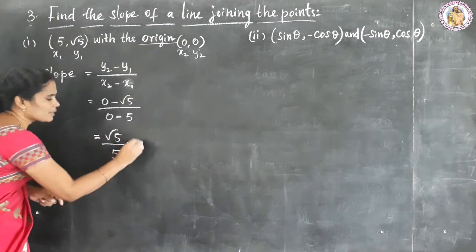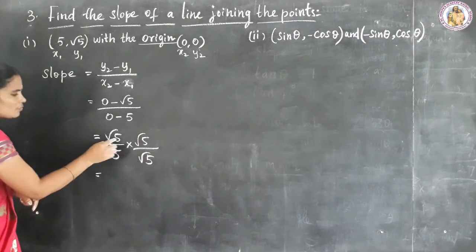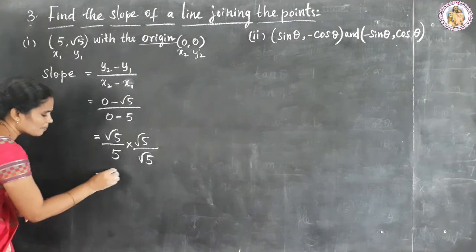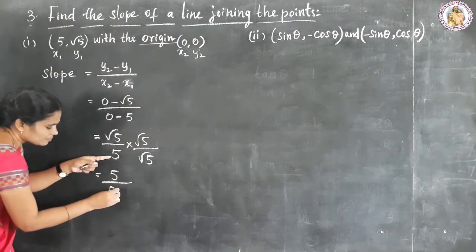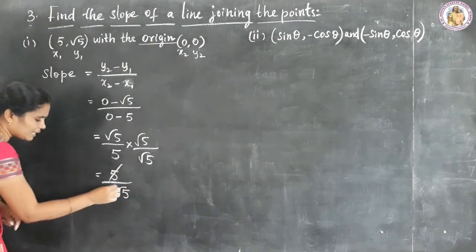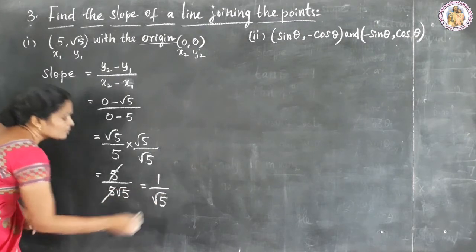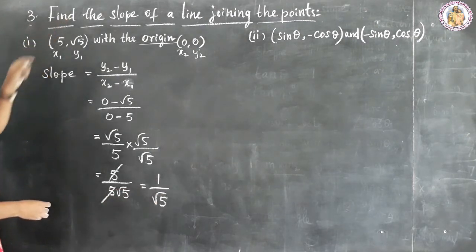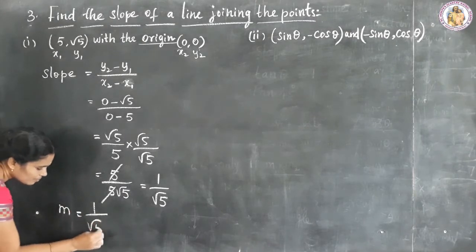So root 5 by root 5 is equal to root 5 into root 5, 5. Again 5 into root 5, 5 root 5. Now 5 cancels, and it is equal to 1 by root 5. So the slope m is equal to 1 by root 5.